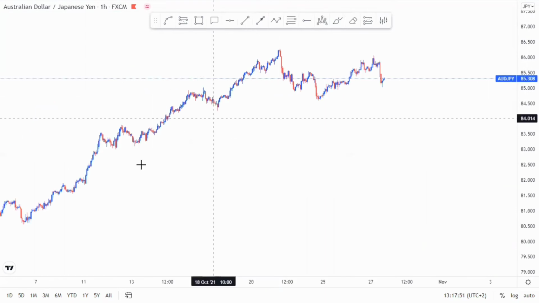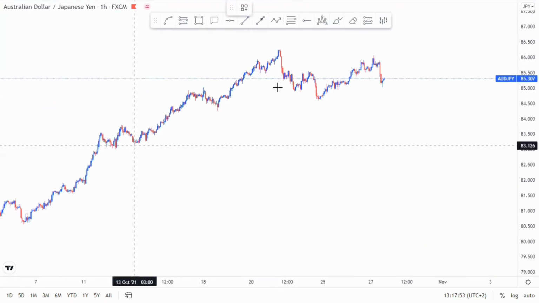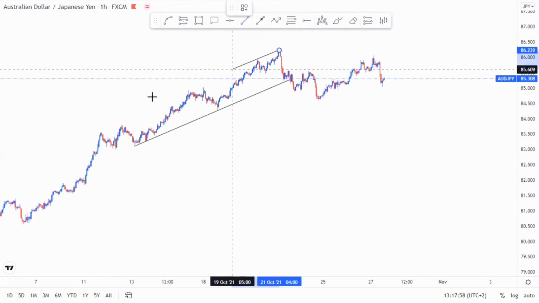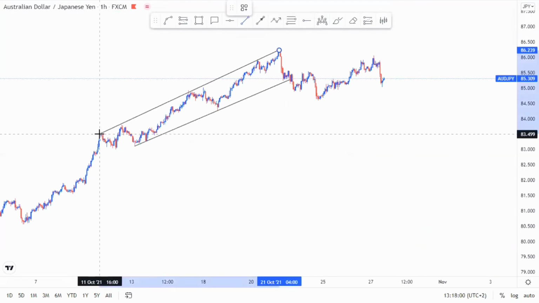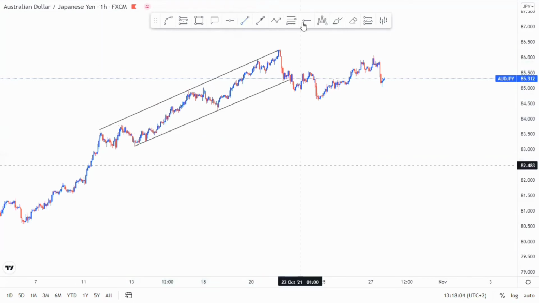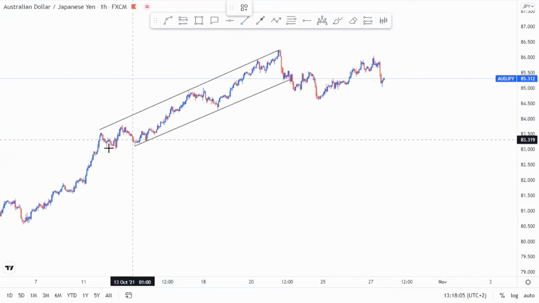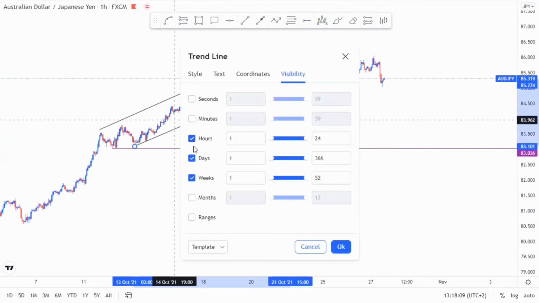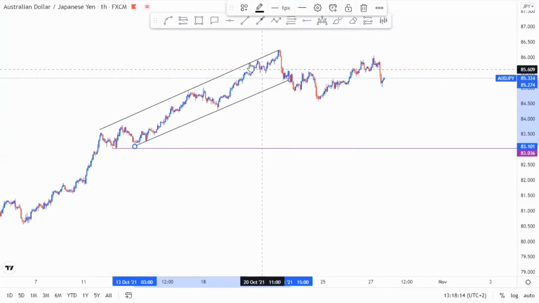I'll see if I can find any pattern here, reversal patterns. As you guys can see, we are at a high, so we'll be expecting reversals, short-term reversals actually. And yeah, immediately I see a pattern, reversal pattern, ascending structure.